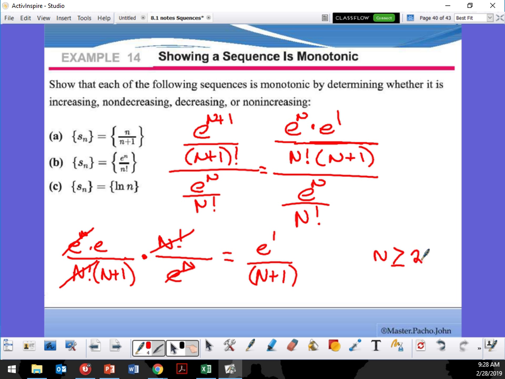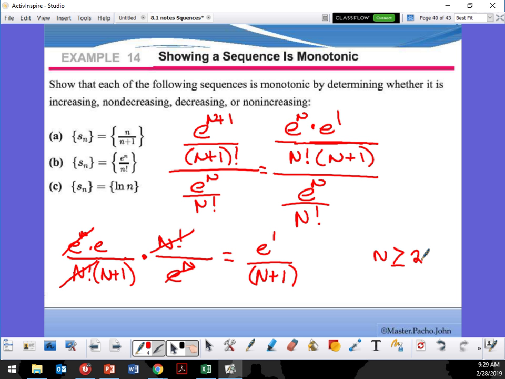So the sequence isn't decreasing in the first place, but on all the further ones past that, it will be decreasing. They actually say that exact same thing, where n is greater than or equal to 2.